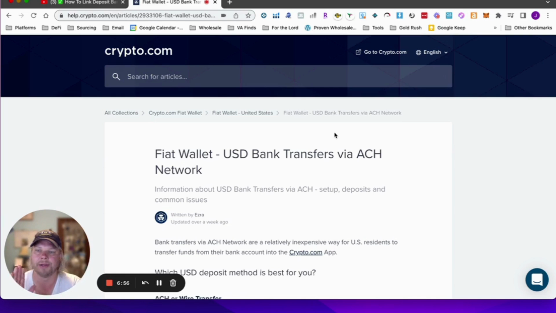So whenever your bank sends the money through an ACH to crypto.com, it has that account number on there, and crypto.com knows to then put those funds inside of your fiat wallet on crypto.com, right? Once it shows up and it's processed, you can then purchase the cryptocurrency.